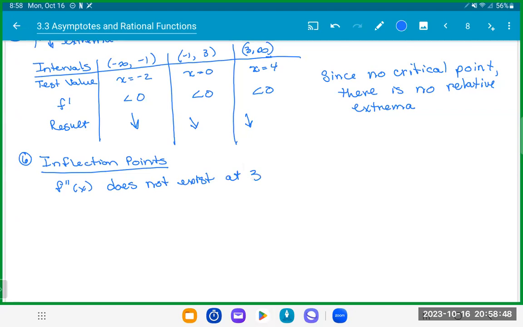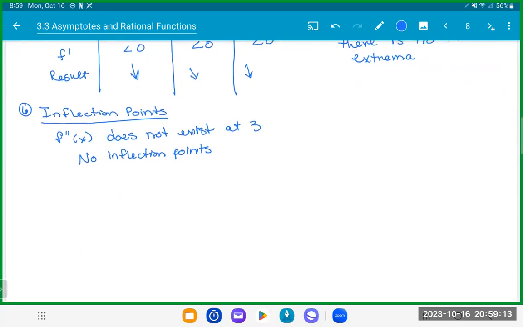Because 3 is not in the domain of the function, you can't have an inflection point. So we have no inflection point. Question. Okay, so the next thing is to look at concavity.